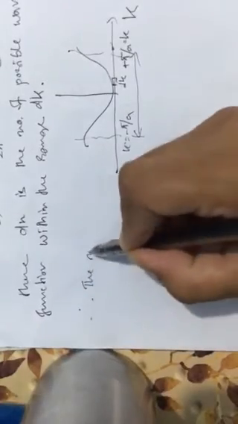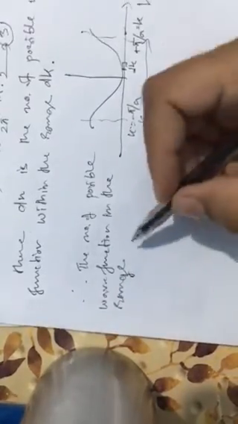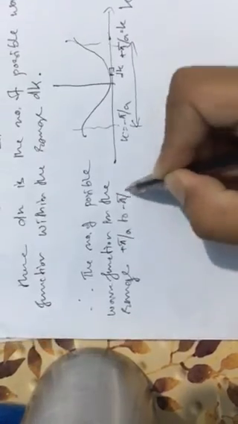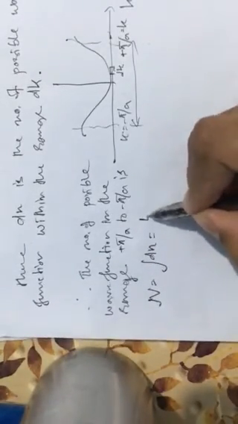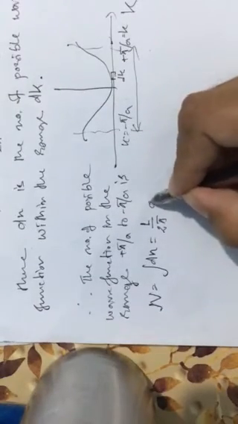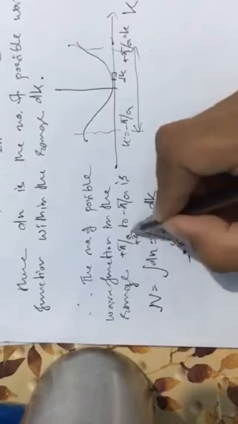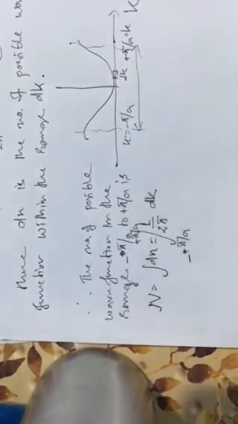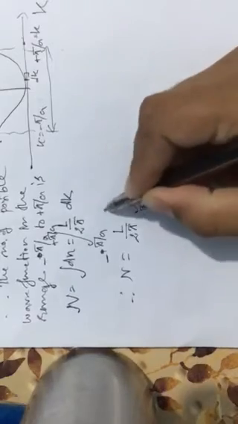Therefore, the number of possible wave functions in the range minus pi by a to plus pi by a: N is equal to the integration of dn, which is L by 2 pi dk from minus pi by a to plus pi by a.